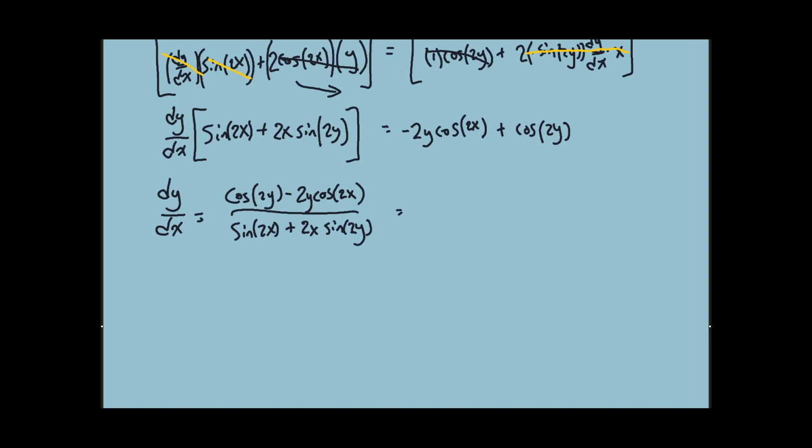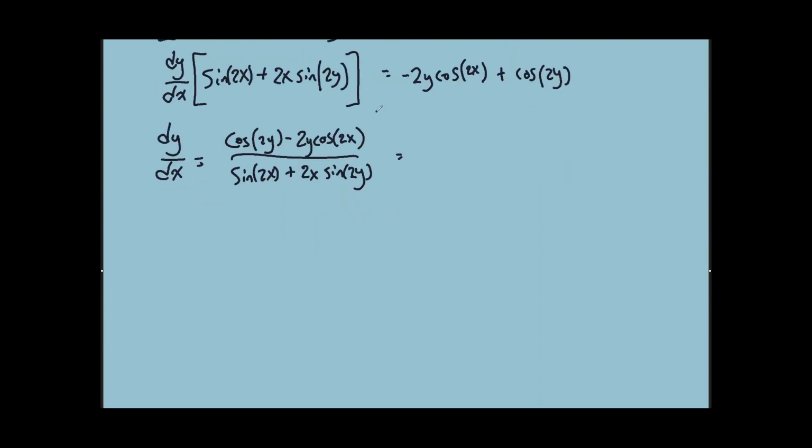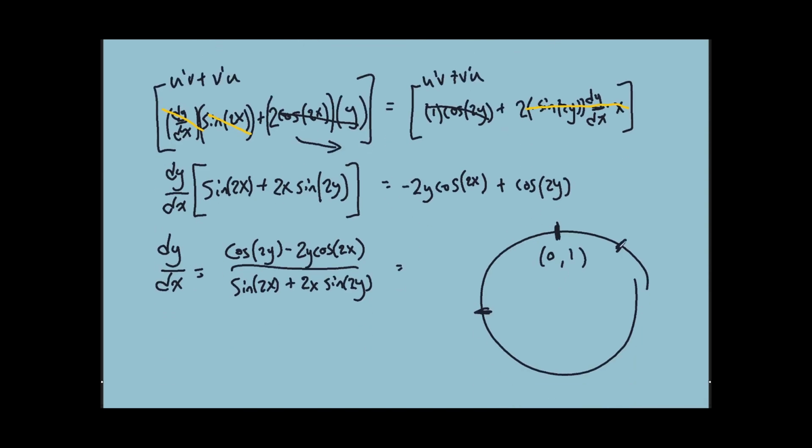And now we're going to plug this in because we have x and y values. And what I'm going to do is I'm going to do a quick unit circle here. Right, and at pi over 2, that's up here. So that is a cosine of 0 and a sine of 1, because that's the coordinate value. And pi over 4 is going to be here.